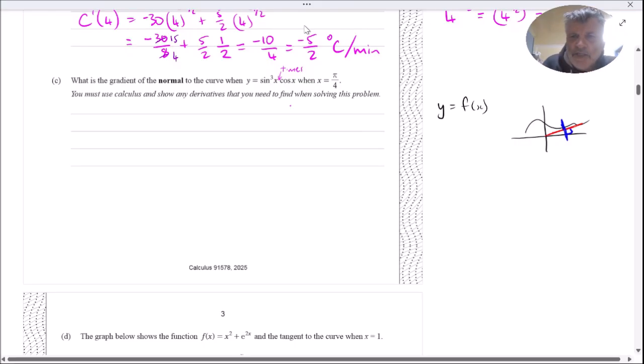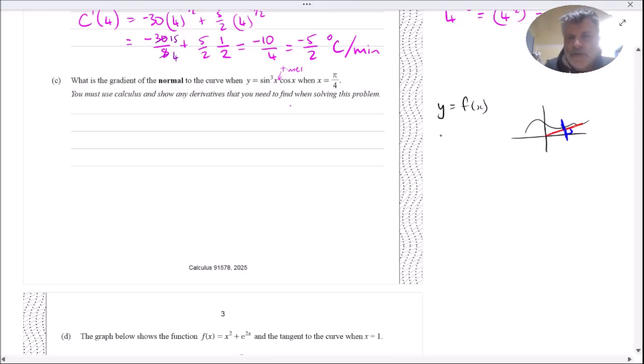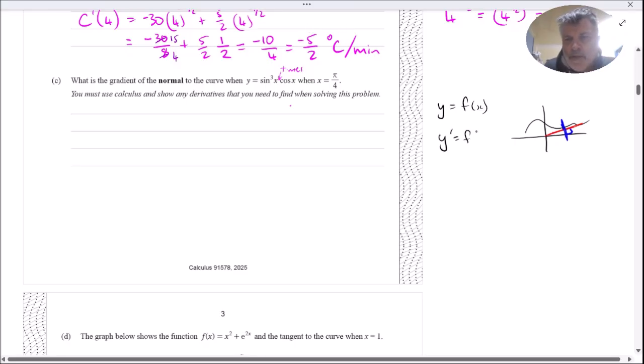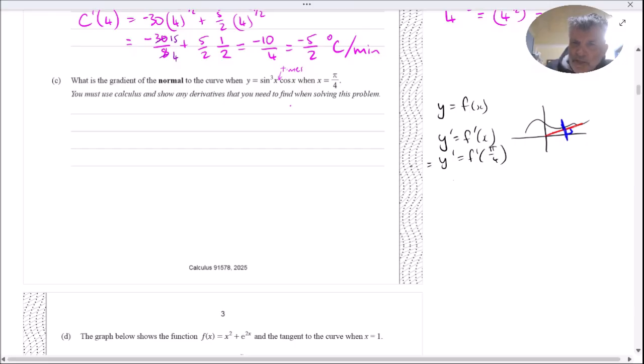So our strategy here is we want to differentiate our function. We want to find the value of that derivative at the point that we're given, and this will be the gradient.